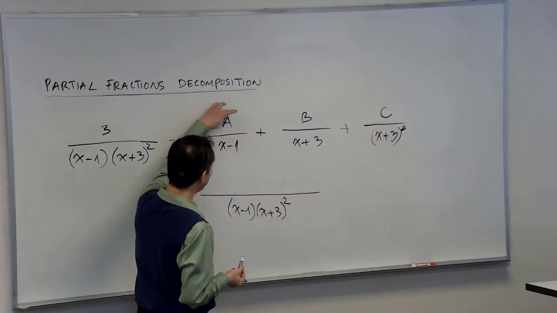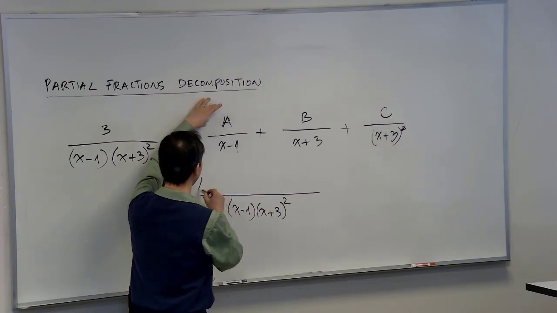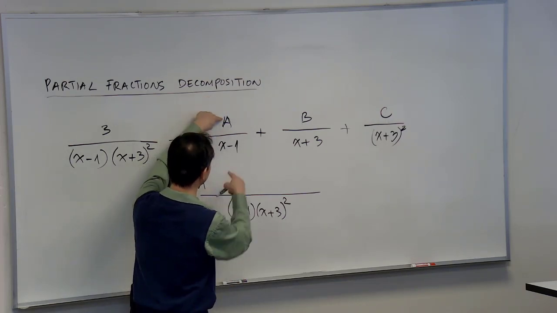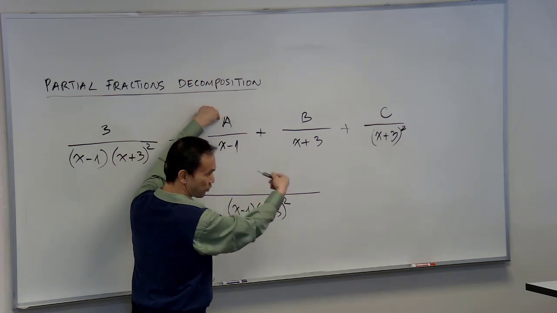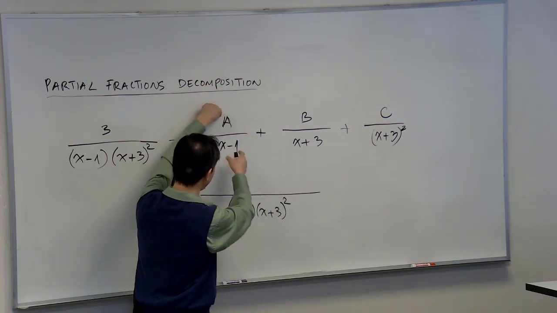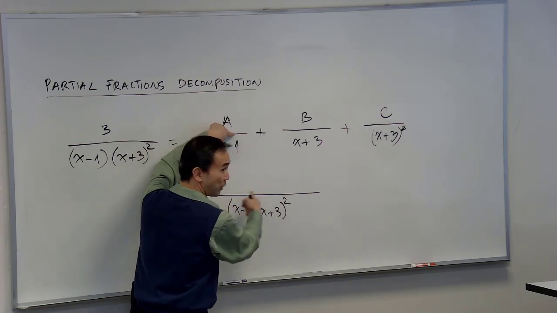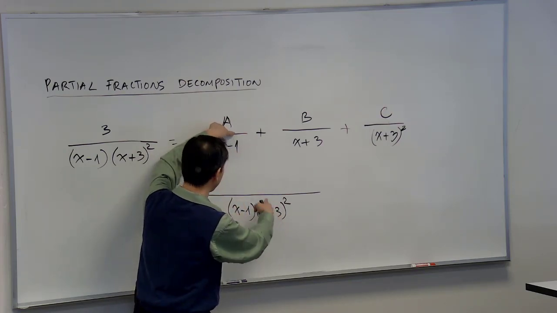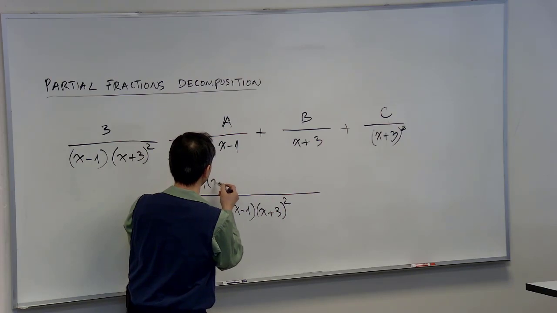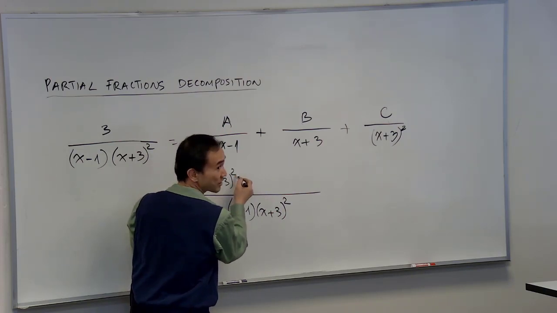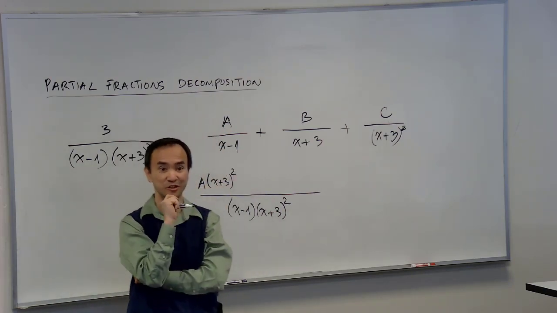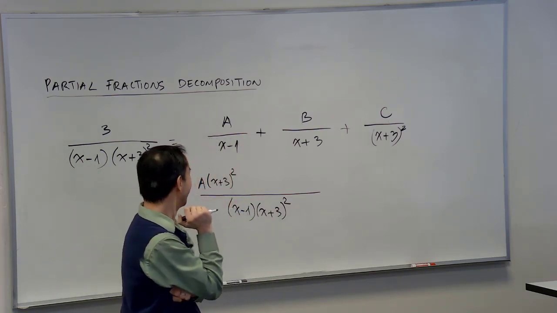But then the first numerator here, for A, we got to multiply with what? The rule of adding fractions: A is on top of x minus 1, so compare x minus 1 with the whole least common denominator. Then we need to multiply A with x plus 3 all squared. Algebraically, you know that.